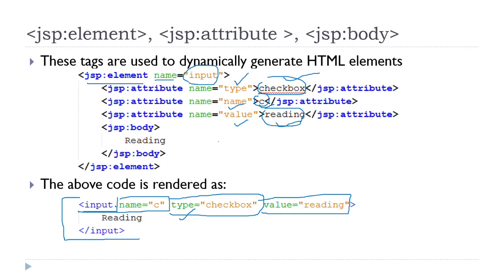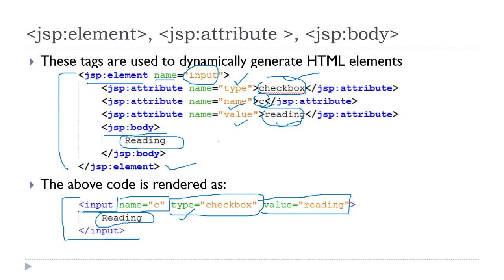Then in the body of this input tag, we are passing reading as a value which will be printed. That will be specified in the JSP body tag. So we specify reading in the JSP body, and then we close the JSP element.